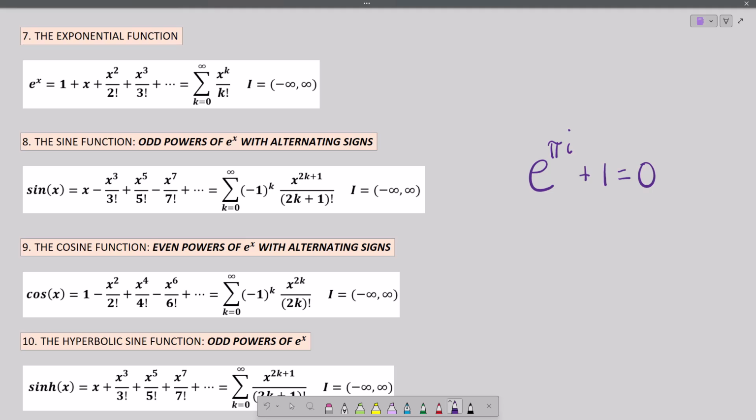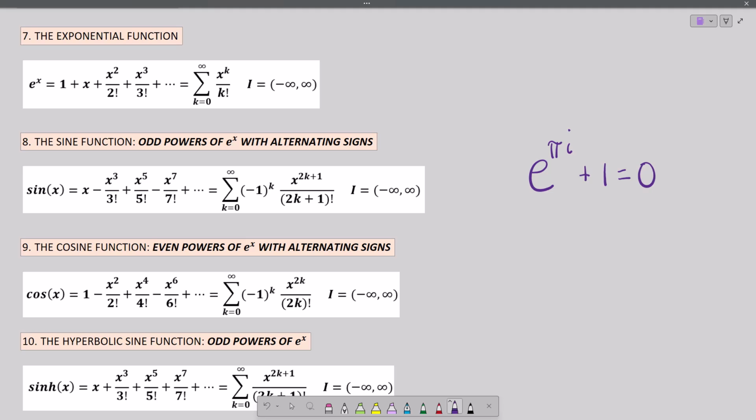When you look at the power series for sine and cosine, and then you look up at the power series for e, all of a sudden you realize there is a connection between the exponential function and sine and cosine. The power series for sine is all the odd powers with a switch thrown in. The power series for cosine is all the even powers with a switch thrown in.